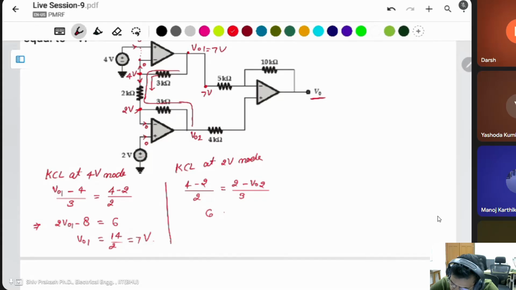This is 6. This will be 4 minus V02. In this case V02 is equal to (6 minus 4)... divided by... This will be minus 1 volt.